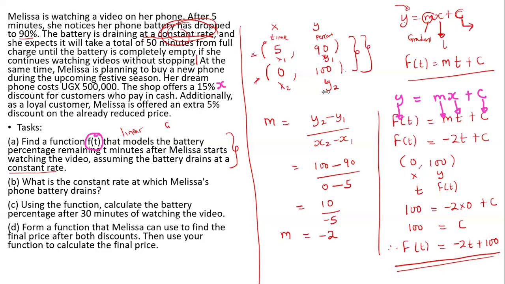To get f of t equals negative 2t plus 100, you have used these points of 0 and 100.